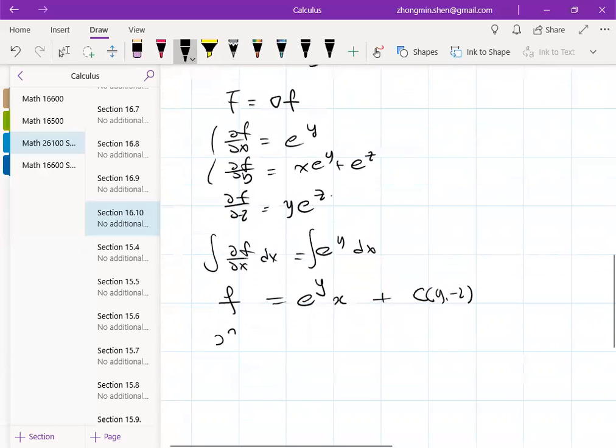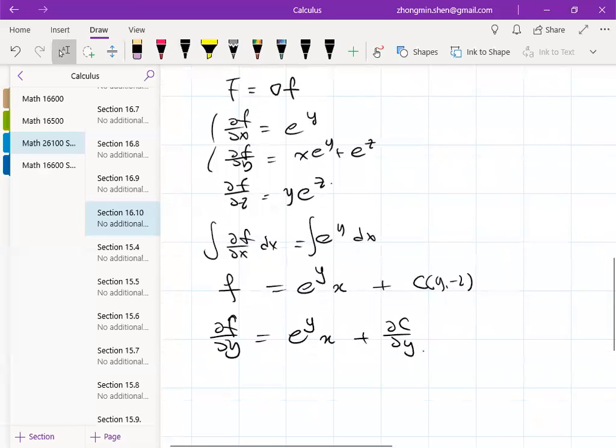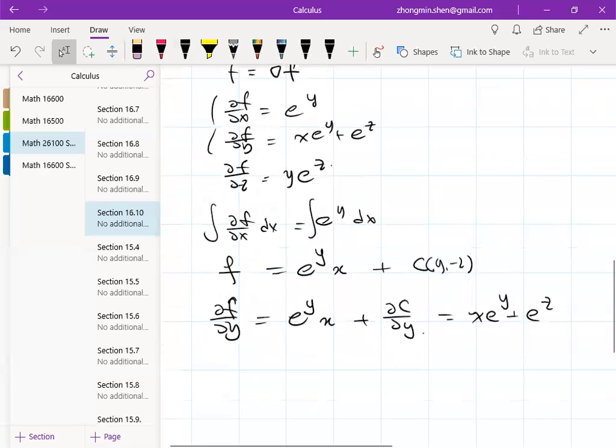Then you differentiate with respect to y, which is e to the y times x. Right, so let's forget y, z here. This is supposed to be x times e to the y plus e to the z. So in other words, I'm going to solve this equation. Not too bad, right?